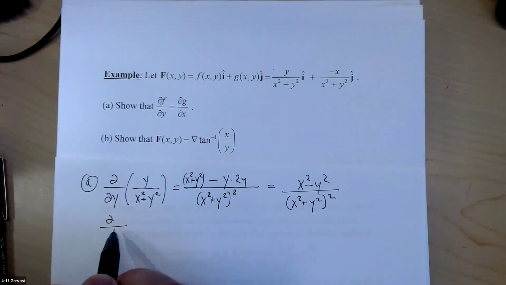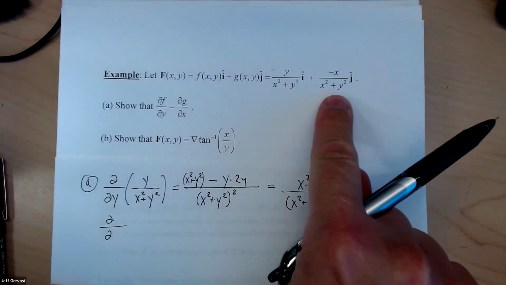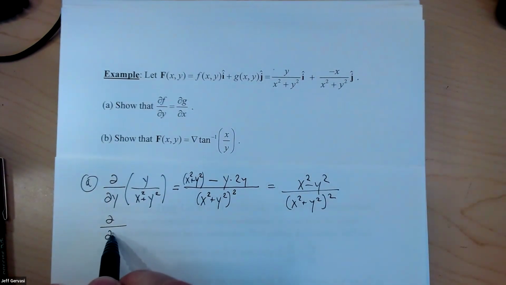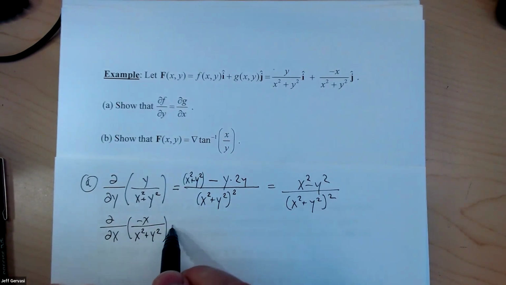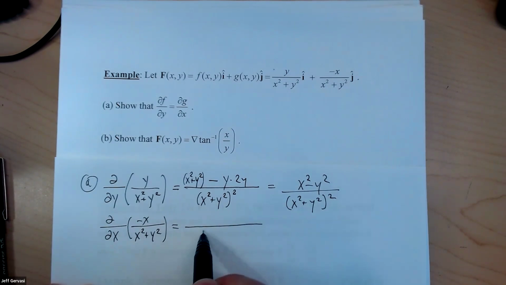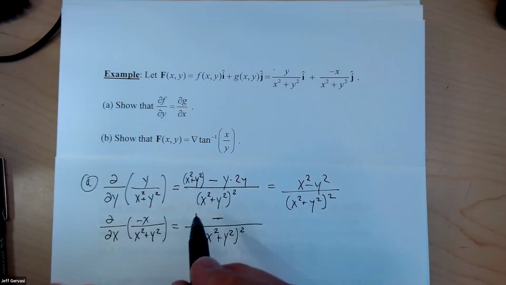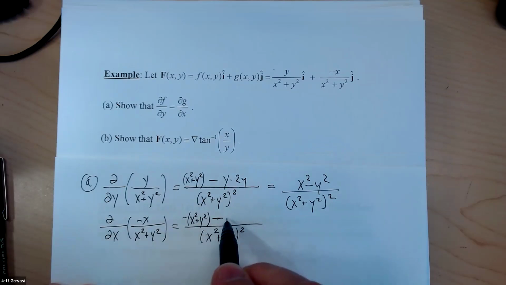In a similar way, I will take the derivative of my second component, g of x and y, with respect to x. Use the quotient rule again. Now, the derivative of the numerator is negative 1 times the denominator, minus the numerator times the derivative of the denominator.